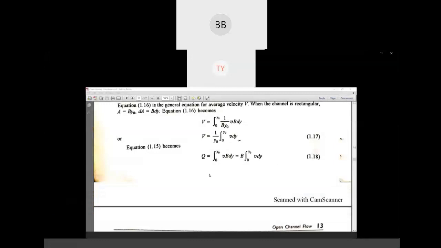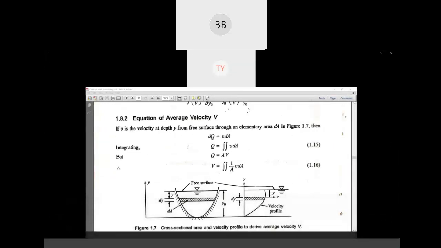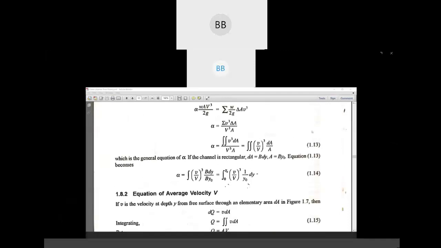Last class we discussed our energy coefficient alpha. We derived that equation, so this is our general equation for the energy coefficient alpha.